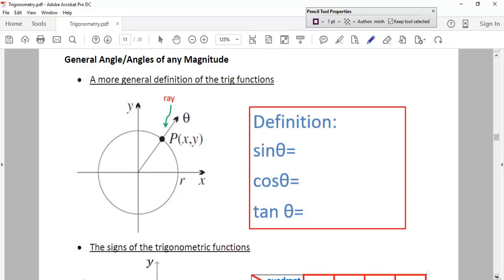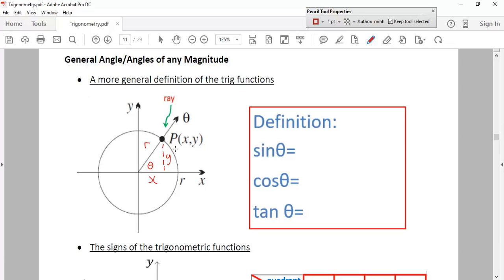Alright, so next we'll look at general angles, or angles of any magnitude. So a more formal definition of sine, cos and tan is if we take it to be, so we know that this theta there. Then across that's the x value. The rise is y, and then we know that distance there is the radius of the circle, so it's going to be r.